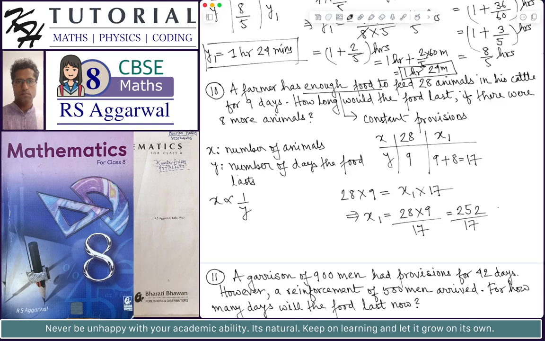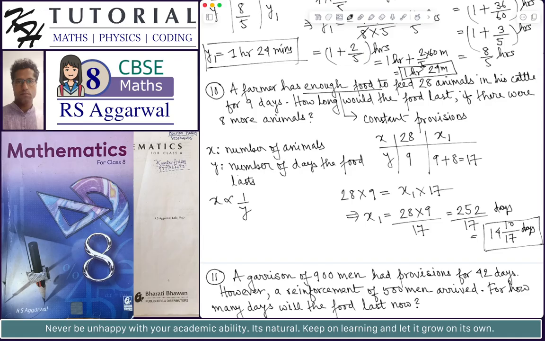Now, if you express it as a mixed fraction, it will be 14 10 by 17 days. I'm not sure about this, but my answer is coming out to be a mixed fraction. So anyway, let me quickly check once again if I did it correctly or not.